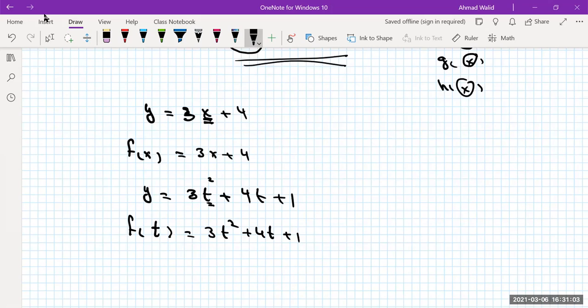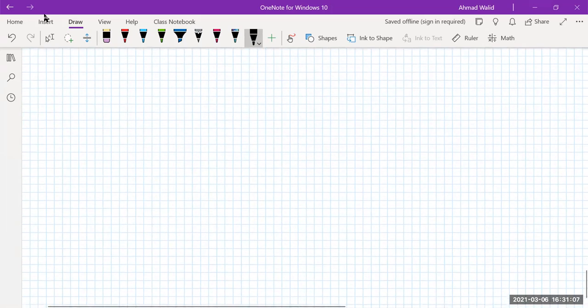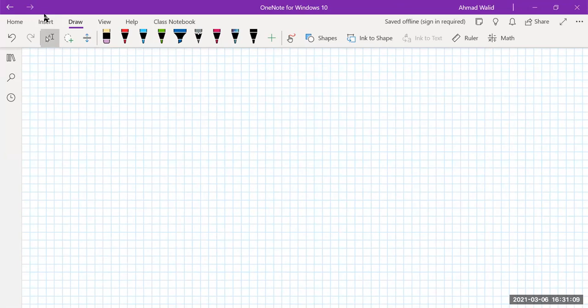The next topic is evaluating a function. This one is also important. You already know it, but I'll explain it again to you.